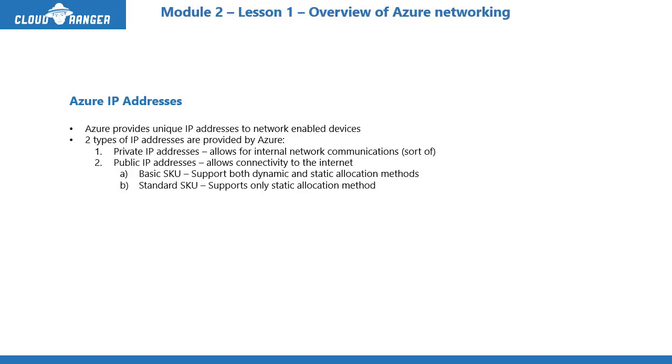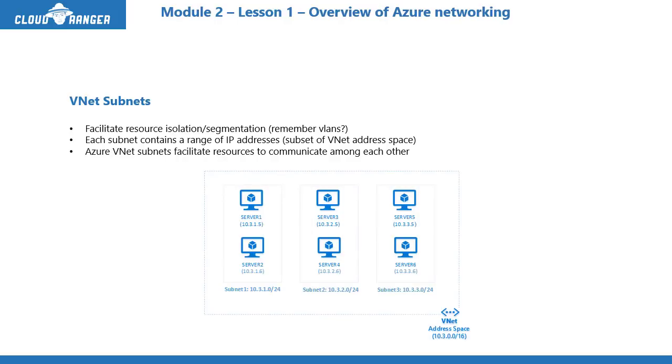If I can go back to the slide I had earlier, you'd have a network security group over here, a network security group over here, and a network security group over here. So if a server wants to go from subnet one to subnet two, you can have a network security group applied to this subnet, and it will allow a specific type of traffic.